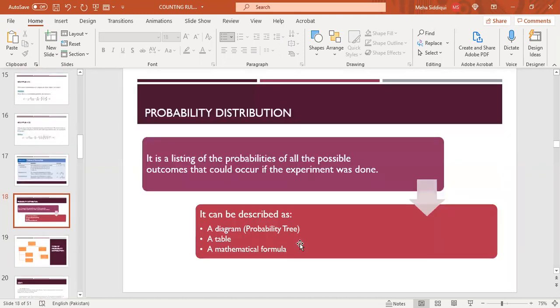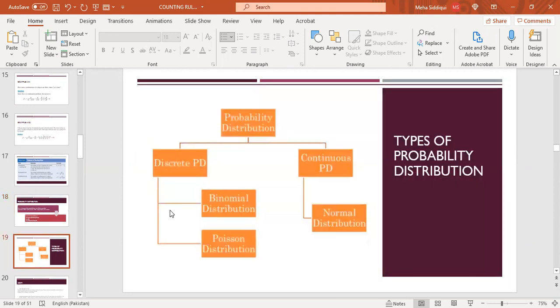Now coming to the second topic, probability distribution. It is a listing of the probabilities of all the possible outcomes that would occur if the experiment was done. It can be described as a diagram like a probability tree, a table, or a mathematical formula. Probability distribution is further divided into two groups: discrete probability distribution and continuous probability distribution.